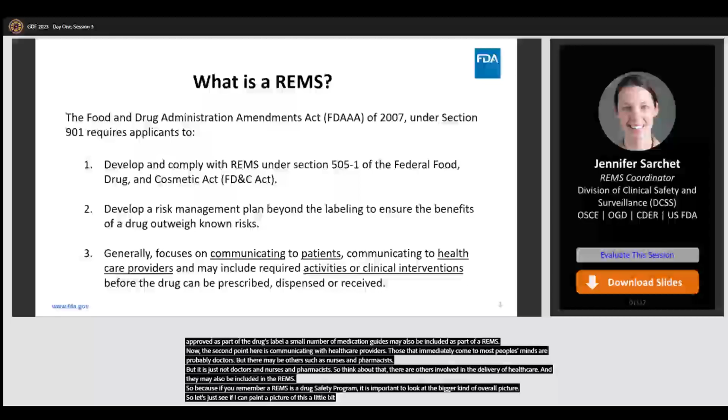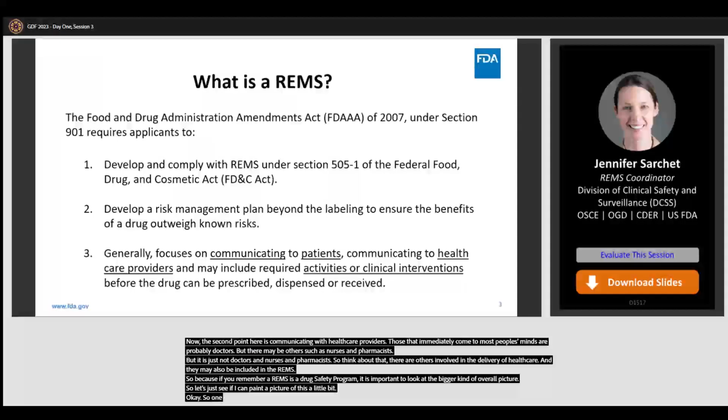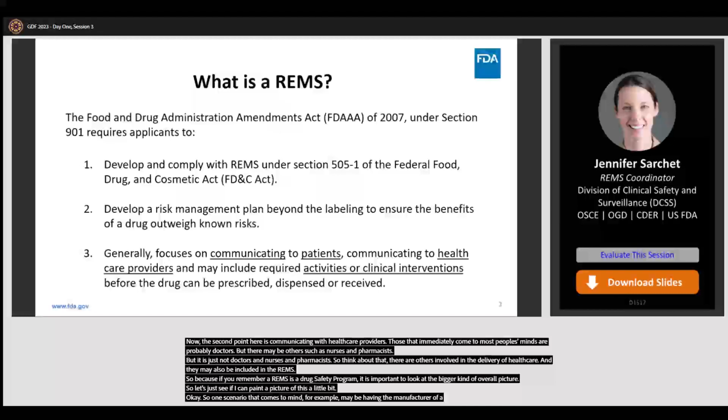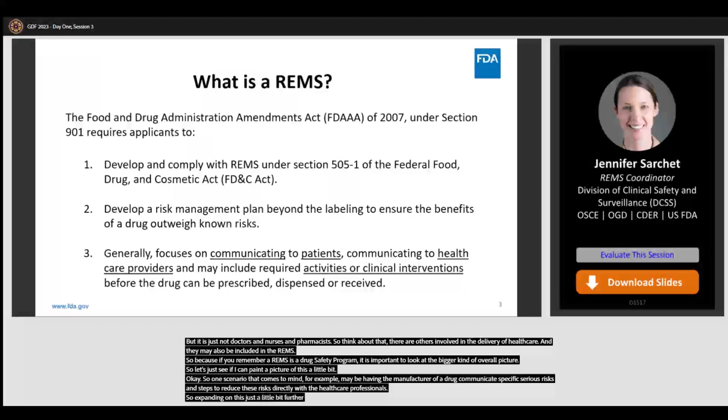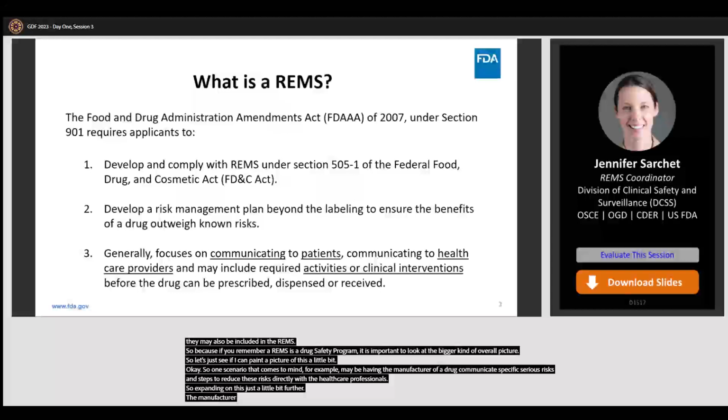One scenario that comes to mind, for example, may be having the manufacturer of a drug communicate specific serious risks and steps to reduce these risks directly with the healthcare professionals. Expanding on this a little further, the manufacturer may need to direct communications about known risks to a specific target audience.